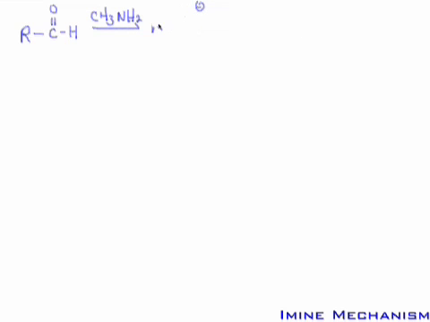I'm going to move this all down a bit. There's an H on that carbon. And we've added an N. This N, of course, it's an NH2, so it has two H's off of it.